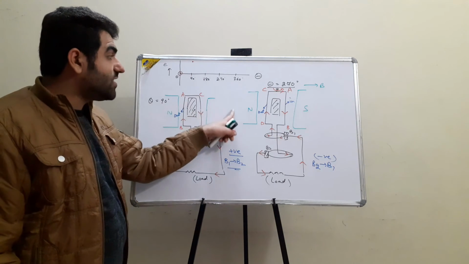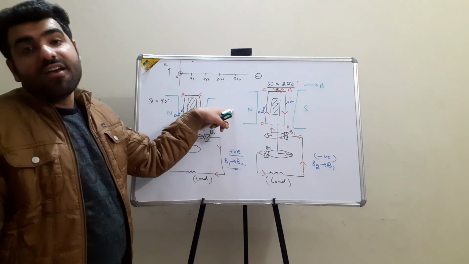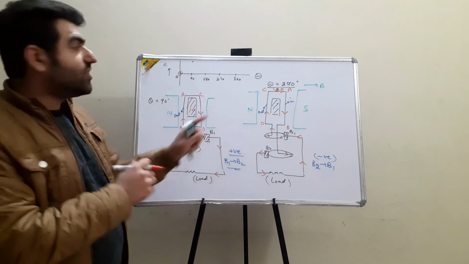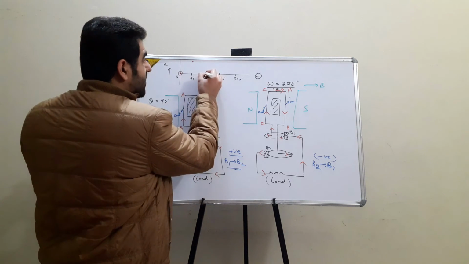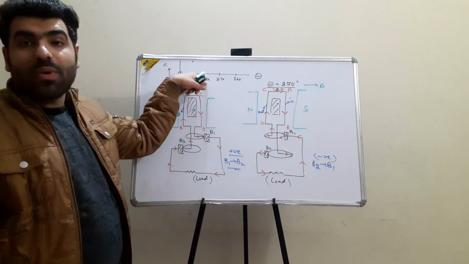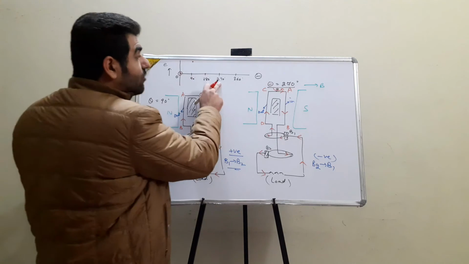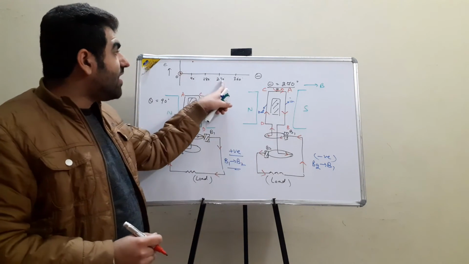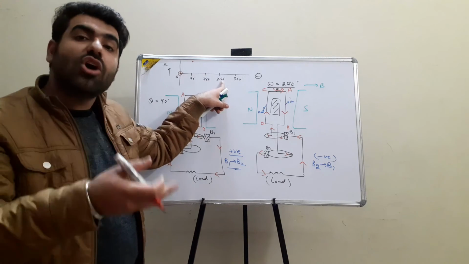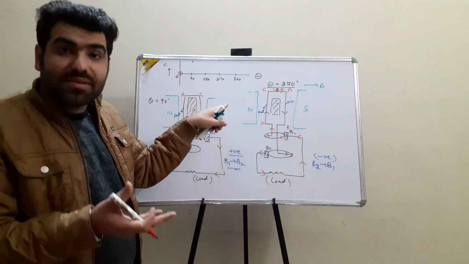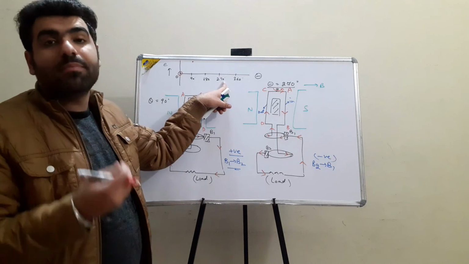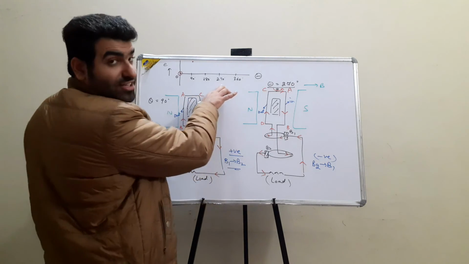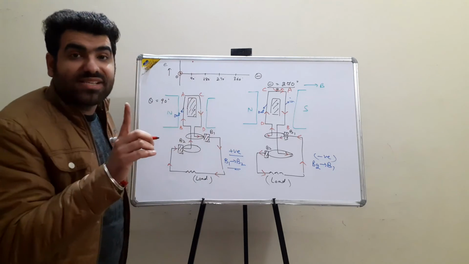Then the phase at 180 degrees: we have seen the change in flux is not there with respect to the initial position. So the EMF generated would again be 0 at 180 degrees. At 270 degrees, again the change is maximum. But from 180 to 270, the change is not abrupt. The change is maximum at 270 degrees, but this has been brought by gradual changes.